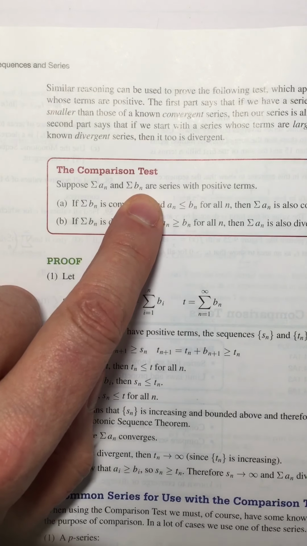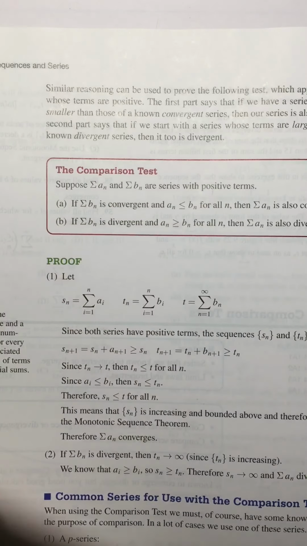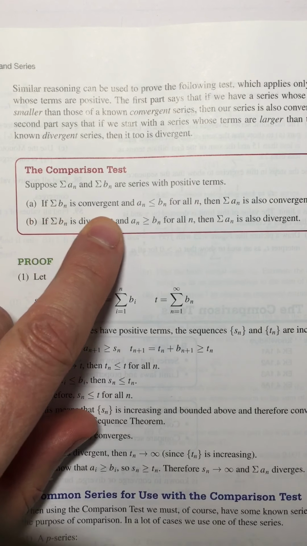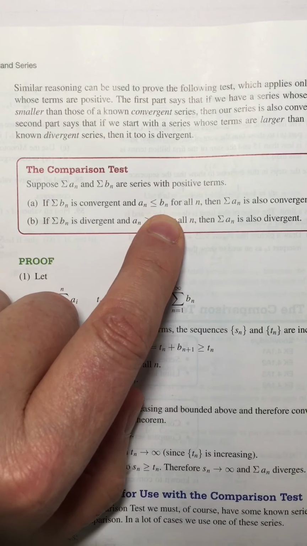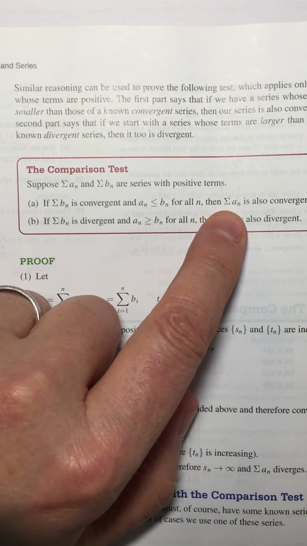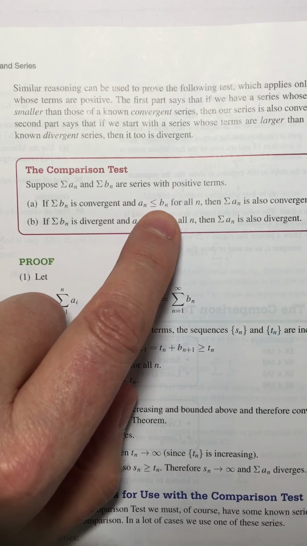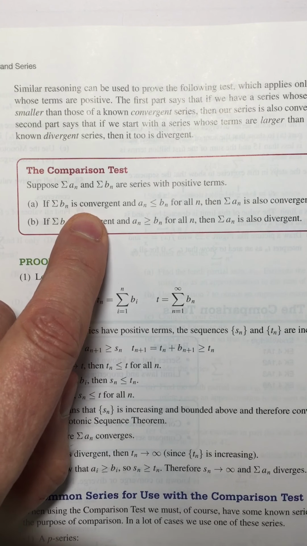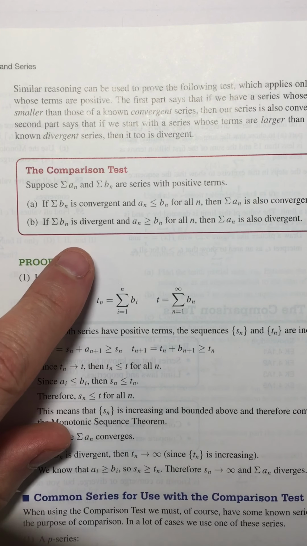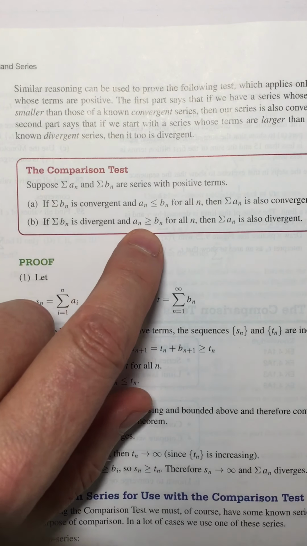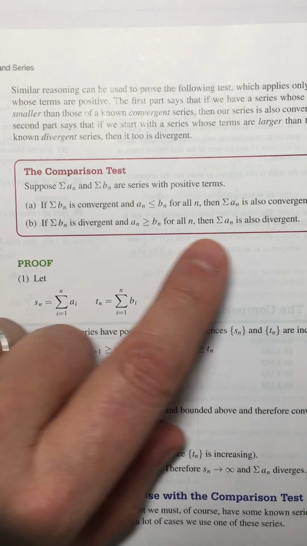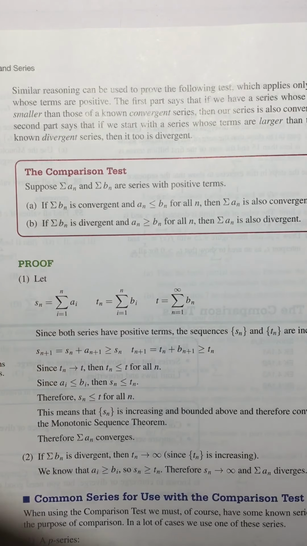Okay, so suppose you have two series with all positive terms. That means all of the terms are positive, all right? If the sum of b sub n is convergent and a sub n is less than or equal to b sub n, then the sum of a sub n is also convergent. In other words, if your test series is less than or equal to a convergent series, then your test series also converges. If your test series is larger than a divergent series, then that test series also diverges.